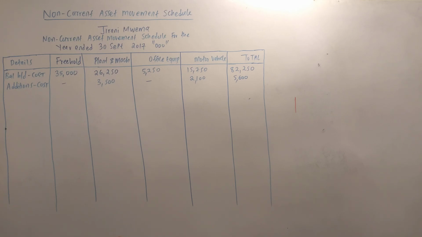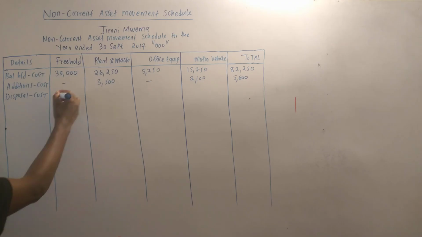Once we have additions, then you can consider disposal, also at cost. Now, information number 2, there was a disposal of machinery. We do not have any for freehold. For machinery, we have 3,150. Remember, you put it at cost.